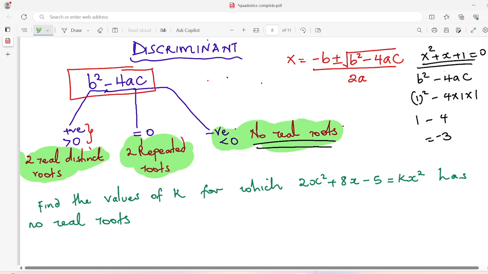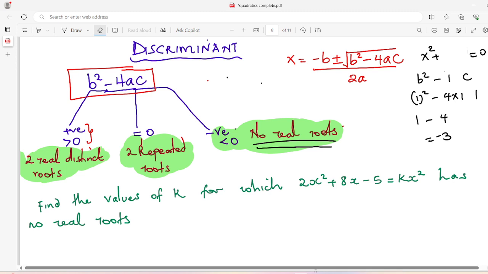Your quadratic equation is not solvable. So it is important for you to remember those three cases. Case 1, where you have it positive, meaning it is greater than 0, where you have it equaling 0, and where you have it negative. Those cases are very important, and we use those cases only on a quadratic equation.